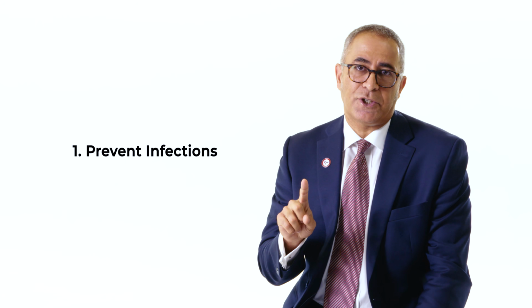So how do we manage infections in a patient who's on a bispecific antibody? Well, let's make it simple with 4 key steps. Number 1, let's prevent the infection. This may be the most important aspect of managing infections with bispecific antibodies. We want to prevent them before they even happen. We do so by doing various things.